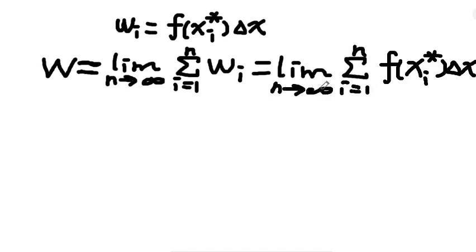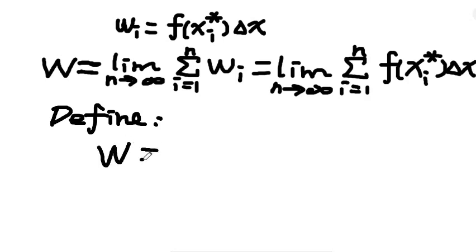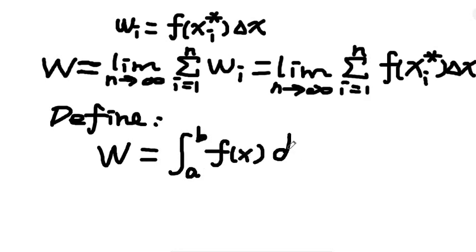What is this one according to the area under the curve of function f? So we can define, according to the definition of the integral, the work in this way: the definite integral from a to b of f(x) dx. Now what does this f(x) mean? This f(x) is the force, right?